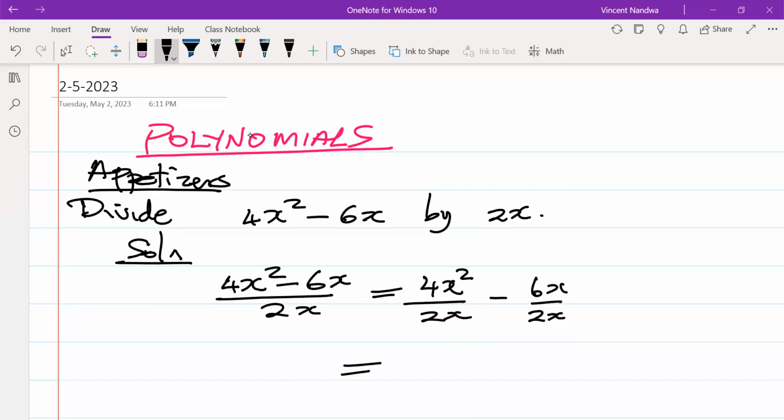What is the first term reduced to? 2x. Second term, minus 3. So this becomes the final answer.